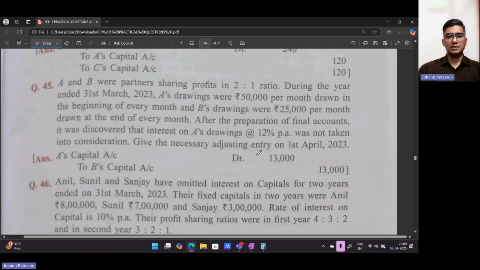Okay, so again, it's talking about drawings. It's talking about the interest on drawings, which was not considered. So we are going to take this interest on drawings. So solution 45.